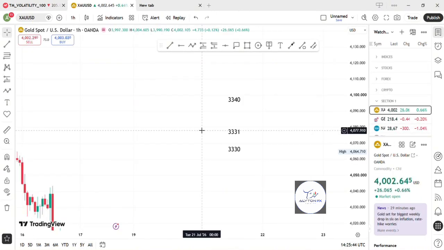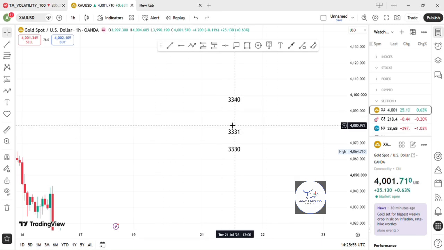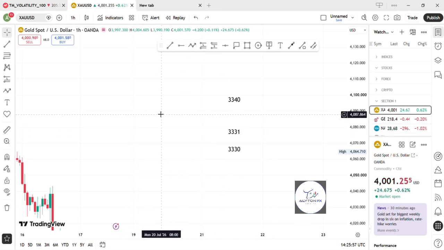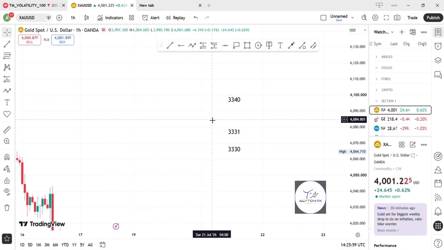Okay guys, this is XAUUSD, which is gold. I'll be showing you how to calculate pips in the gold pair. So this is a chart, TradingView gold USD. So I will show you how to calculate pips in XAUUSD. So watch this.